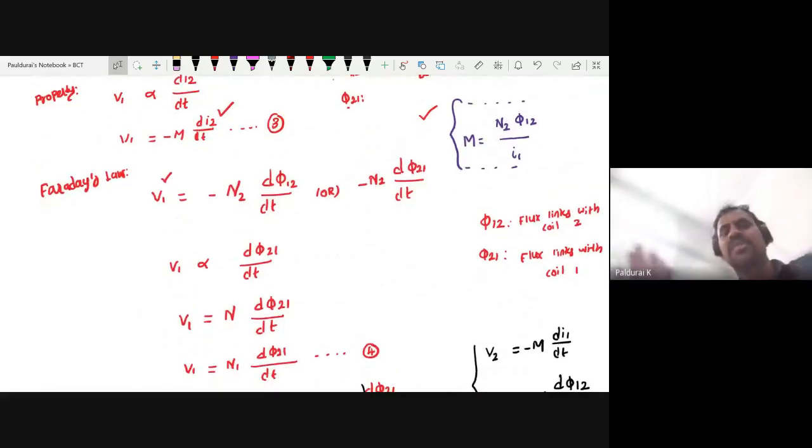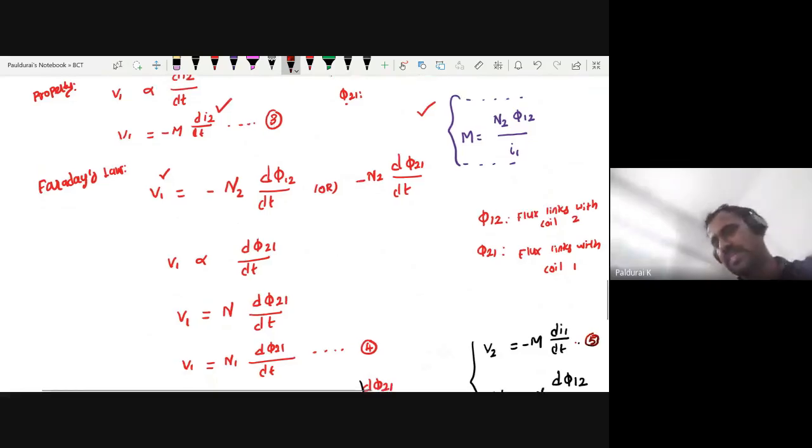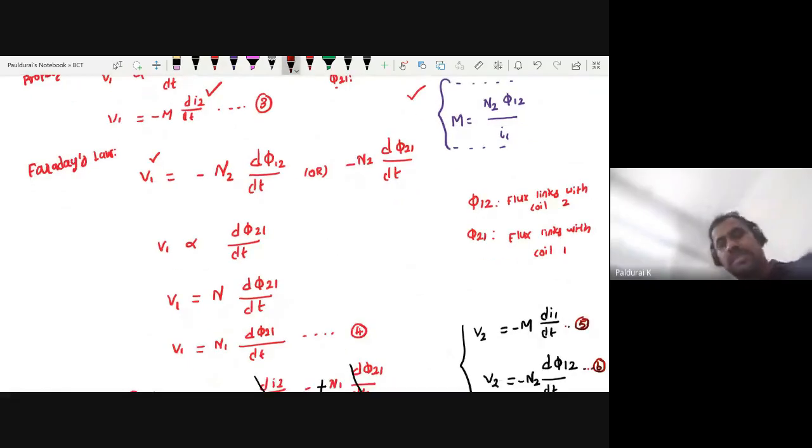Take equation number 3 and 4. And take this is equation number 5. Okay. And 6. Flux links with coil 2 because of di1 by dt.